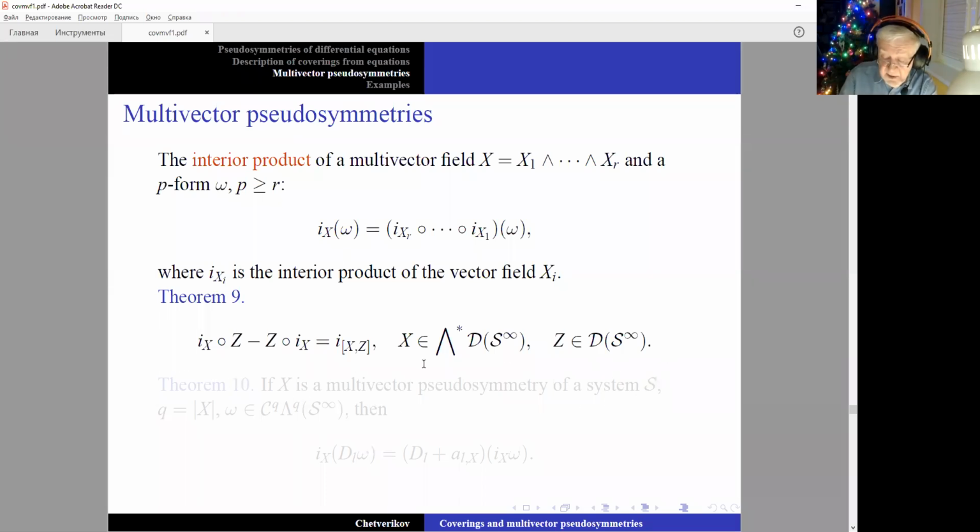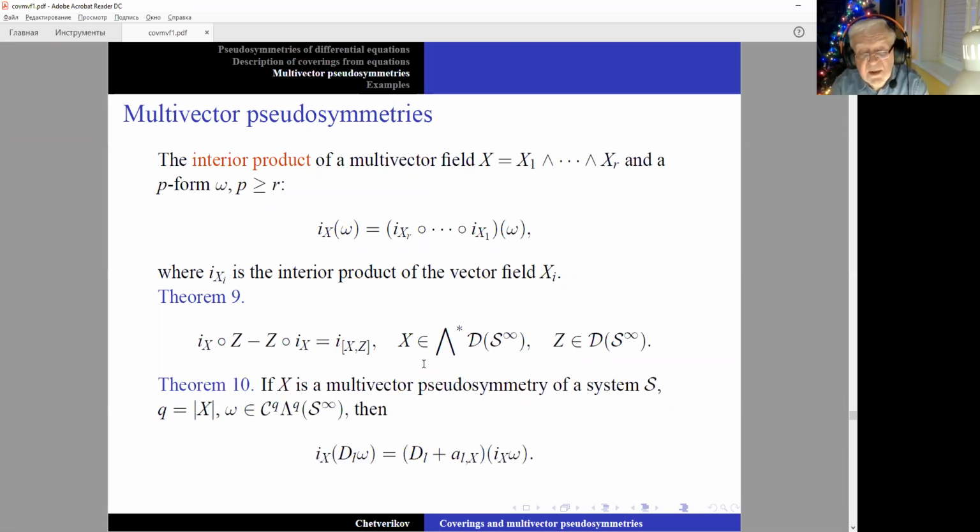From theorem 9, it follows that this equality holds, and thus the value of a pseudosymmetry at dl omega is uniquely determined by its value at omega.